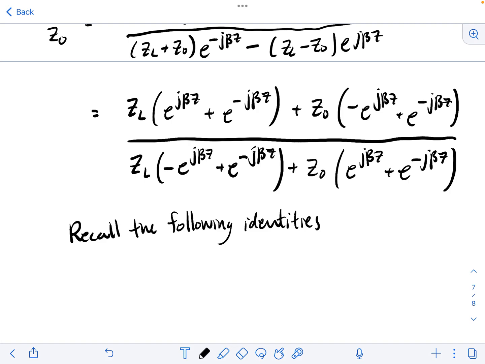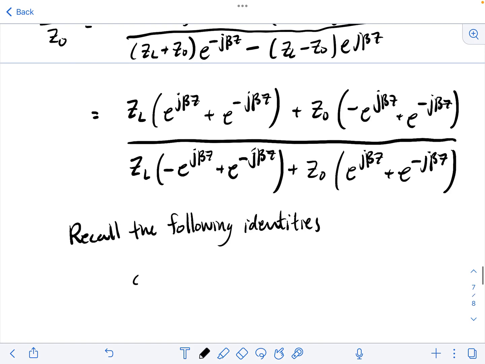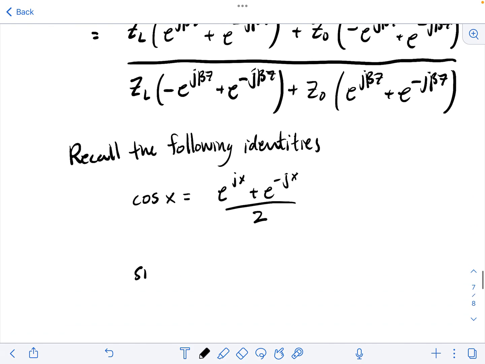So we could equivalently write the trig functions in terms of complex exponentials: cosine of x is equal to e to the jx plus e to the minus jx divided by 2, and sine of x is equal to e to the jx minus e to the minus jx over 2j.